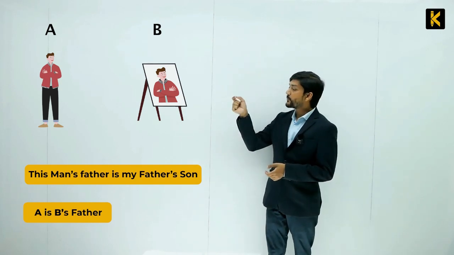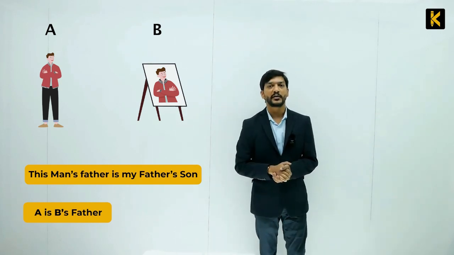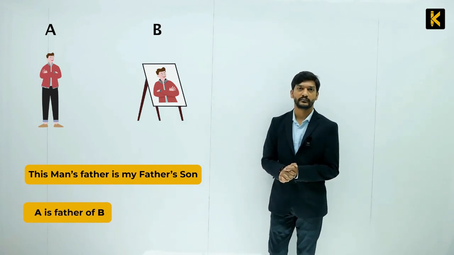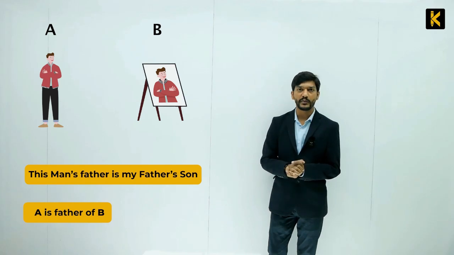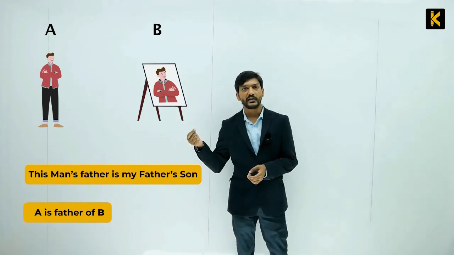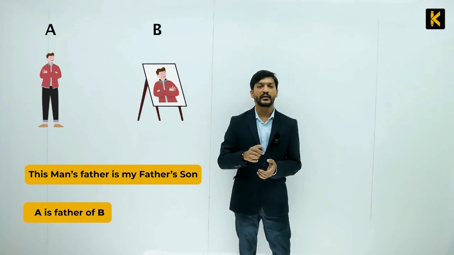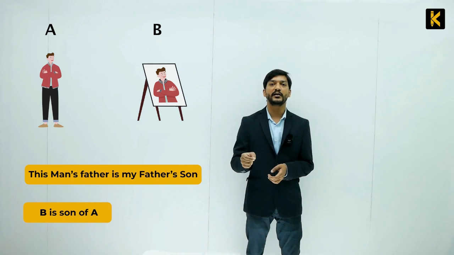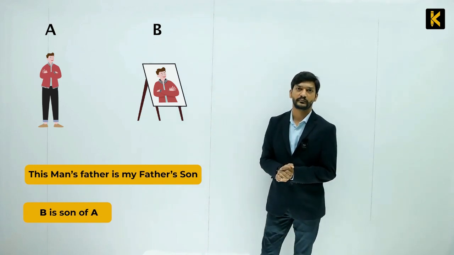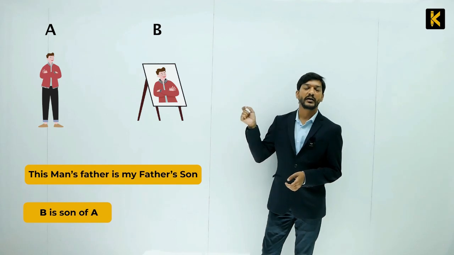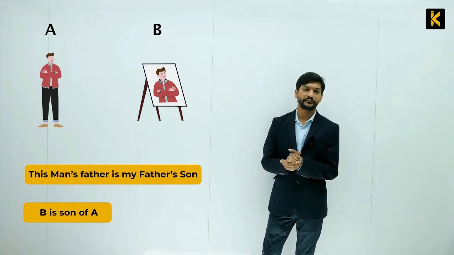A is B's father. That means A is the father of B. Okay, A is the father of B. So if A is the father of B, then B is what to A? So we will say, sir, B is the son of A. Alright. So B is the son of A and A is the father of B.